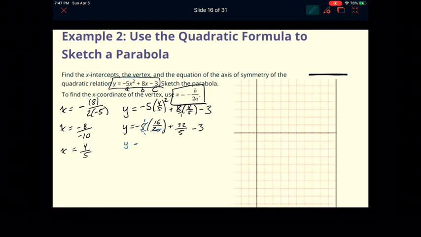Oops, sorry, a 4 on the bottom. So I divided them each, and I end up with 16 divided by 4. I made a mistake, sorry. I put 20 instead of 25.